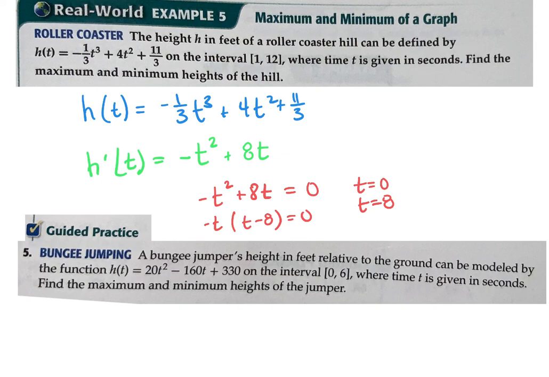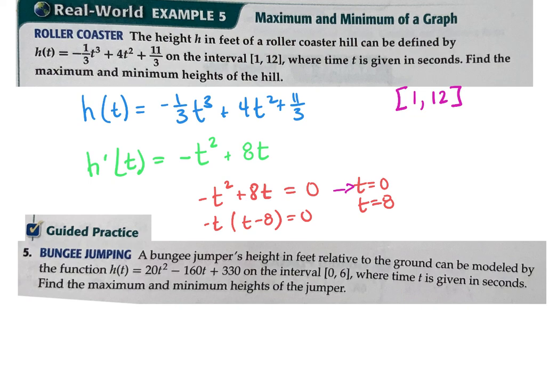Now, for this, I have to look at my interval. My interval is from 1 to 12 seconds. I only test my points in my interval. I am not going to test one of those points. Which one am I not going to test? The 0. Why? It is not in between 1 and 12.